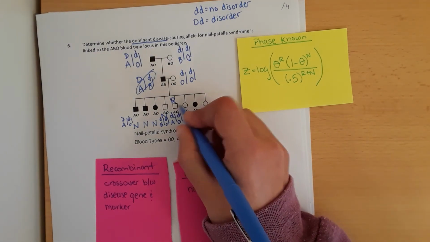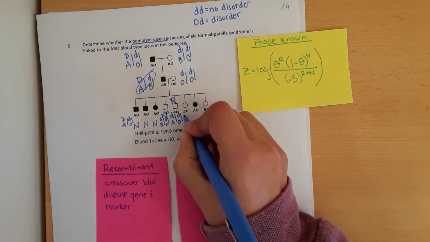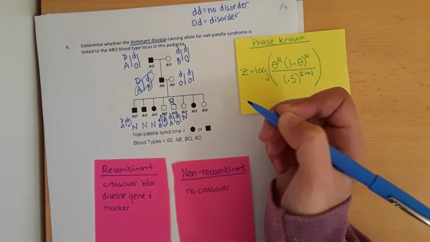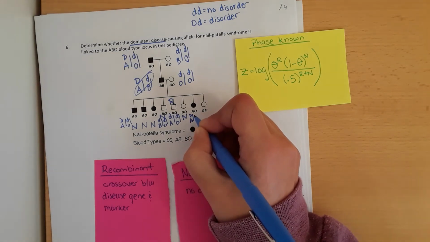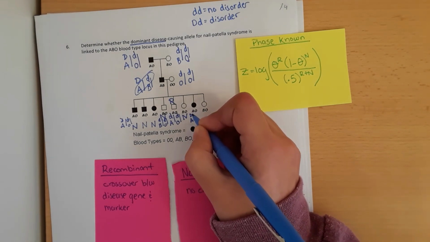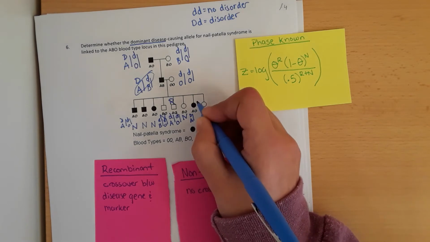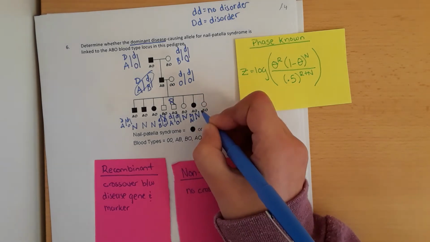Here we have the same thing as this one, so it's non-recombinant. AO, they got the capital D and then the A marker, so they're shaded in, so this is non-recombinant.